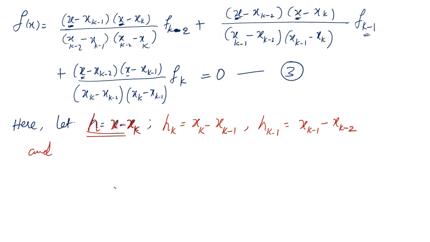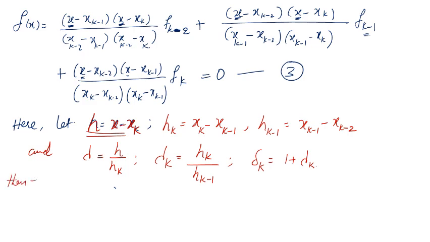And another assumption: lambda = h/h_k. Another notation, lambda_k = h_k/h_{k-1}, and delta_k, this is another notation, has the value 1 + lambda_k.